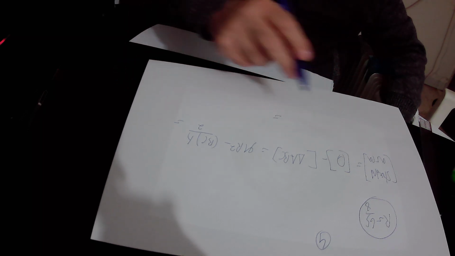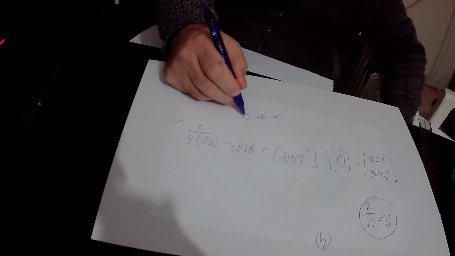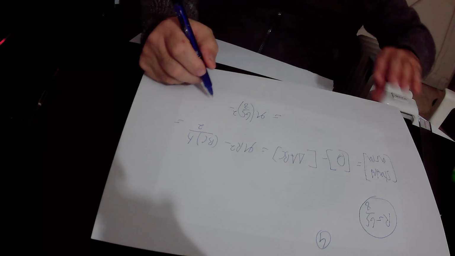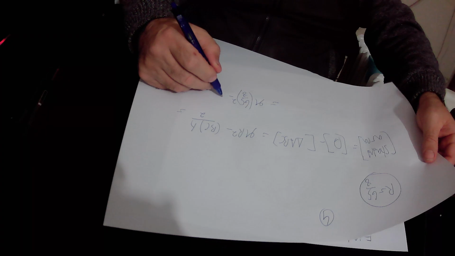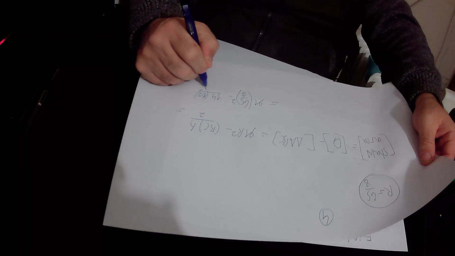So the area of the circle is pi times r, which is 65 over 8, so r squared is 65 over 8 squared, minus BC, which is 14, times h, that is 12, over 2.